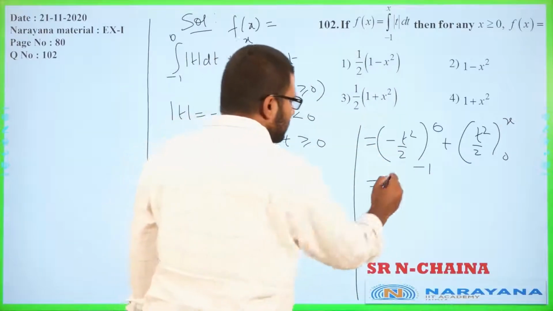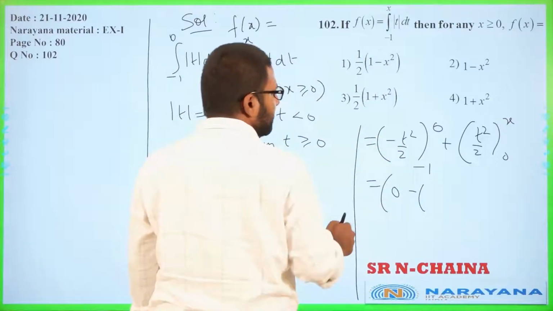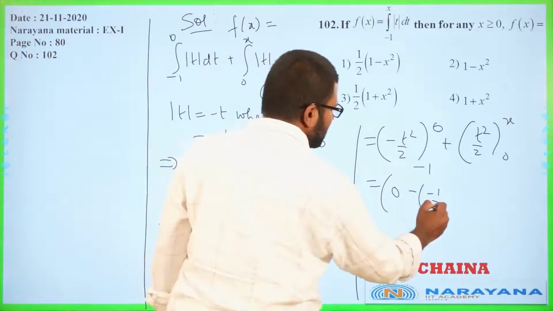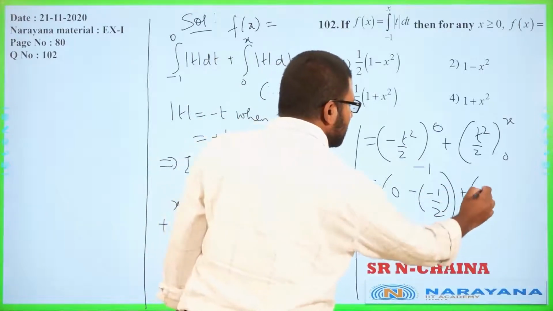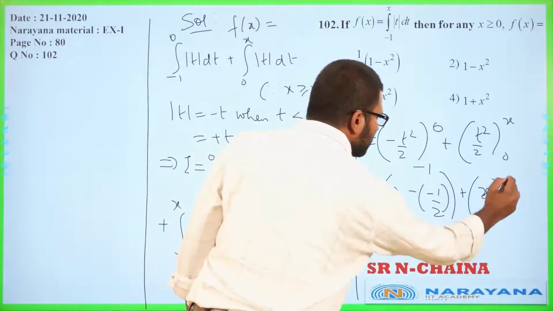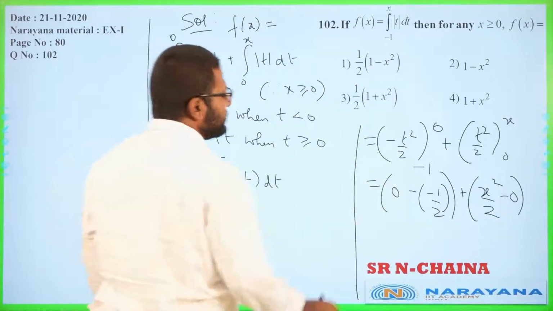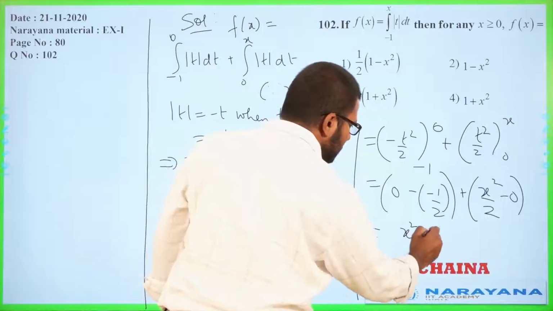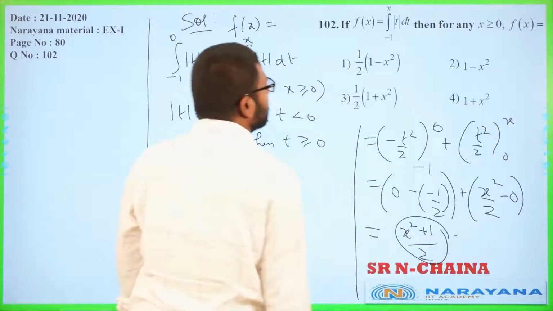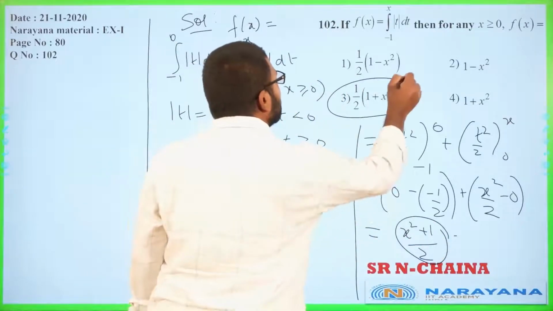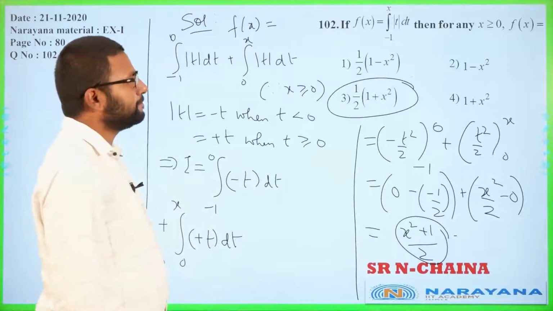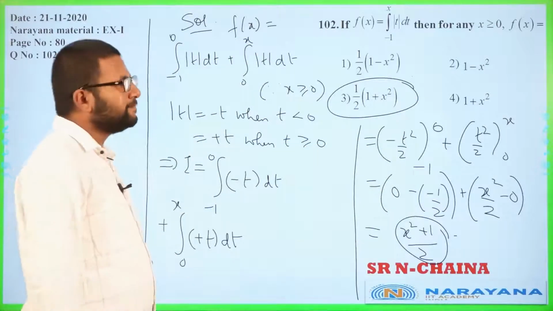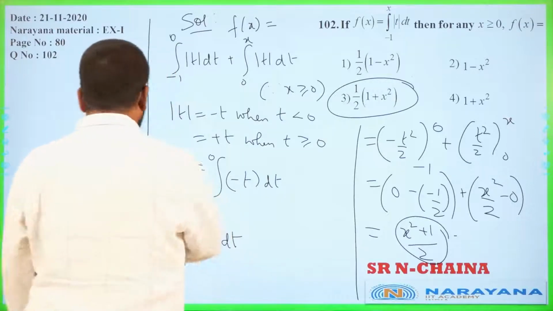So then we will have 0 minus, substitute this minus 1 here, minus half, and then plus x square by 2 minus 0, right? So finally we are left with (x square plus 1) by 2, right? x square plus 1 by 2. Got it? Alright, then let us proceed.